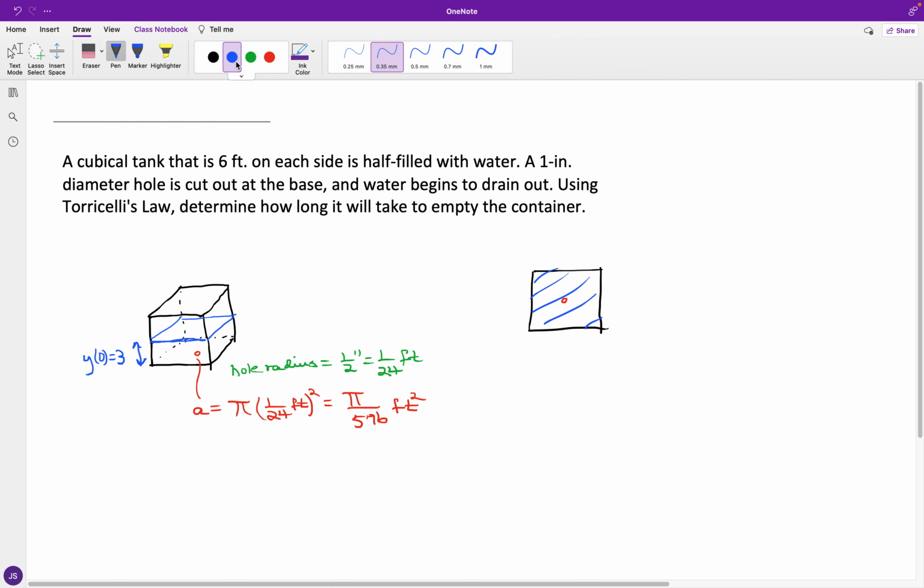So long as the water is contouring the edges, we're looking at 6 feet on each side. For the cross-sectional area, the image is a square, so we have the square of 6 feet, 6 feet times 6 feet, which is 36 square feet.